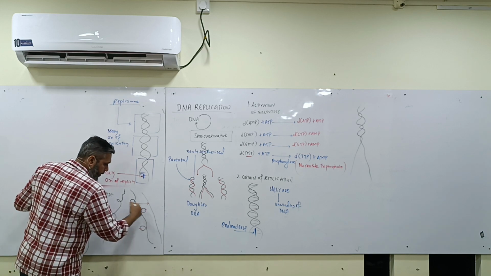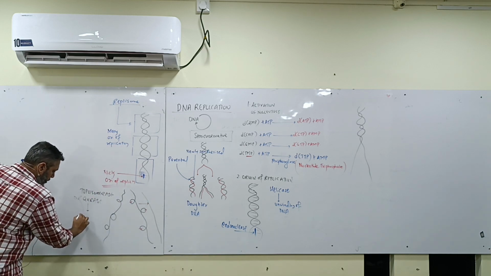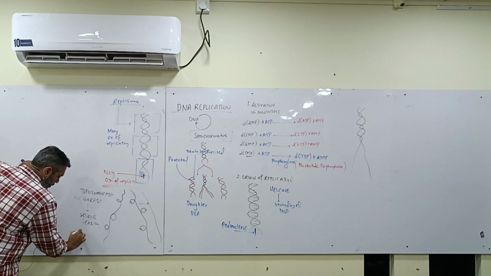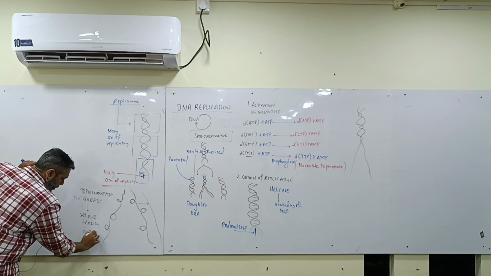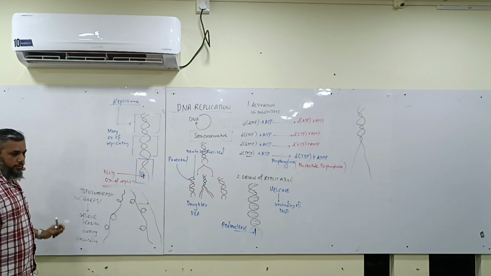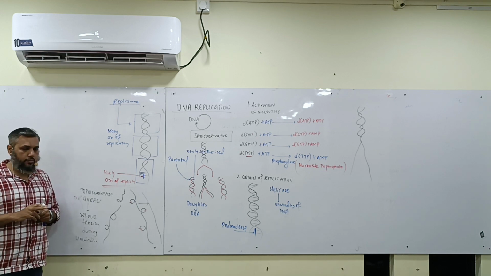You got my point, everybody? So these enzymes will help to relieve the tension during the process of what, bachalo? Unwinding. They help to relieve the tension at the time of unwinding.